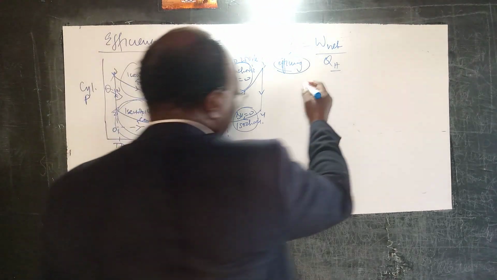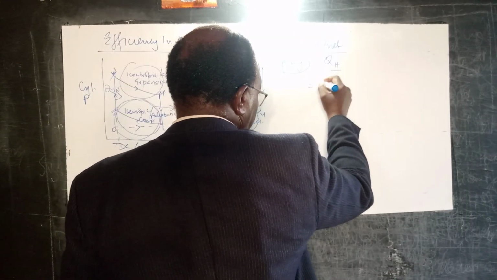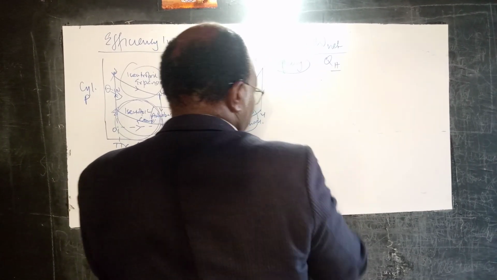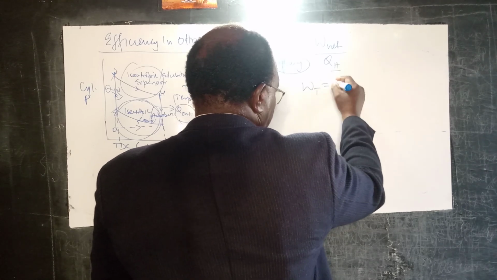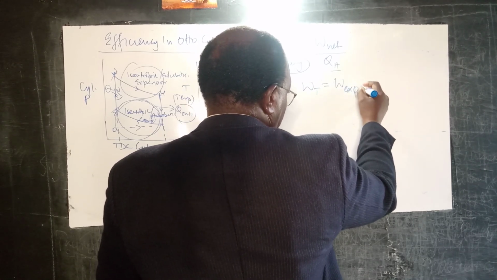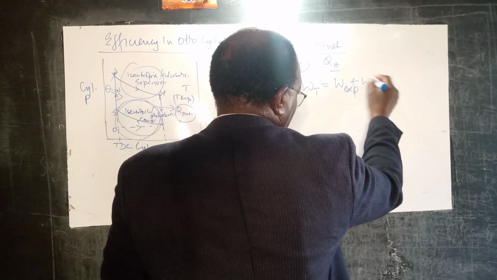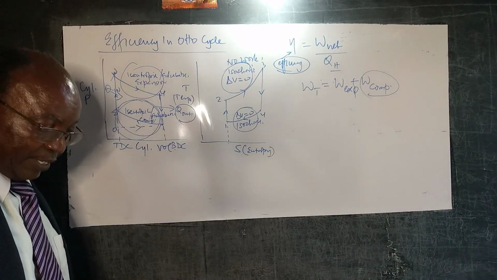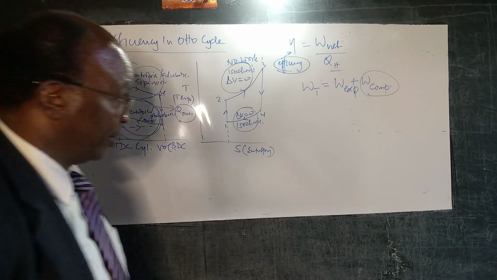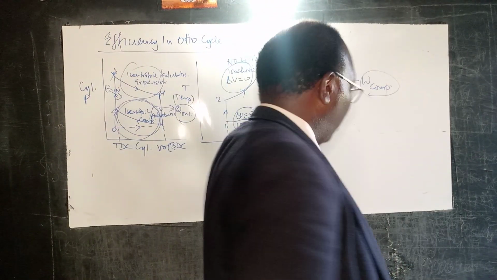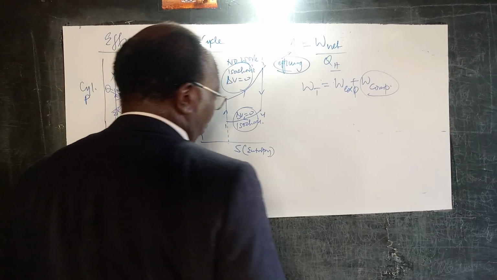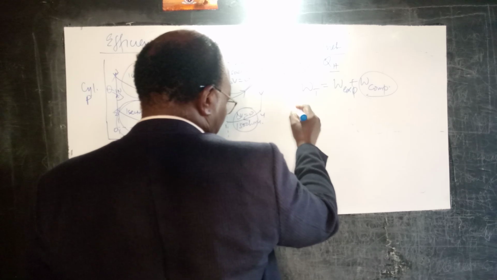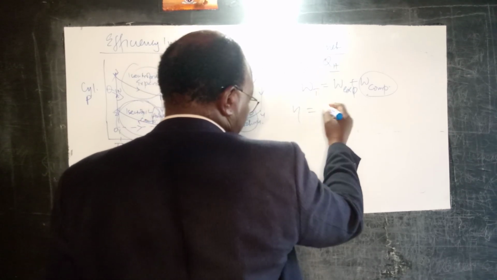So we can talk of expansion work, eta is W total, this W total will be W expansion plus W compression. Of course, that has a negative connotation, and it chews a large chunk of the work output.